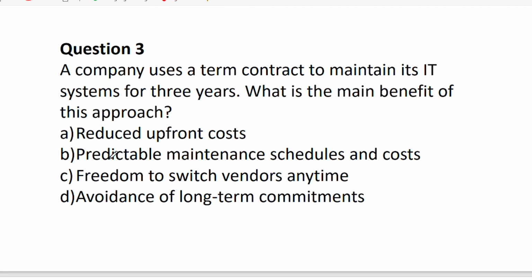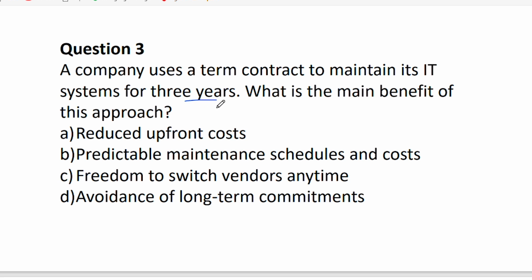Now, number 3, a company uses a term contract to maintain its IT services for 3 years. What is the main benefit of this approach? It reduces upfront costs? Predictable maintenance schedule and costs, okay? Freedom to switch vendors anytime? Avoidance of long-term commitments?